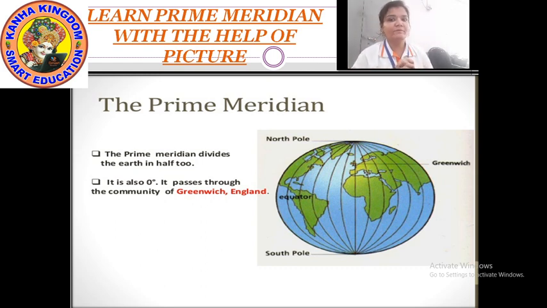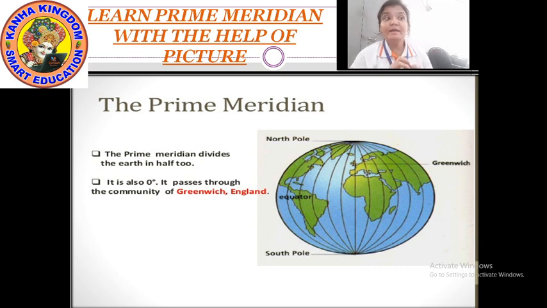Now, this is the main difference. The equator divides the earth into two hemispheres, that is from north to south. And the prime meridian divides the earth into two equal halves again, but from side to side, that is from east to west. So the eastern side is known as the Eastern Hemisphere and the west side is known as the Western Hemisphere.